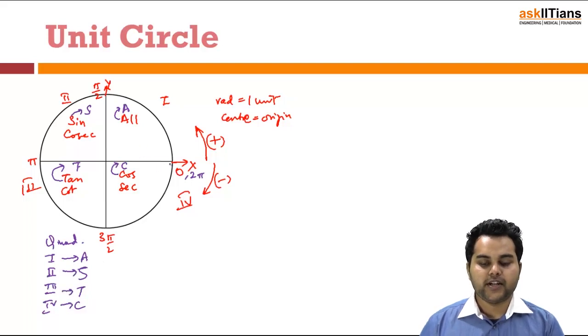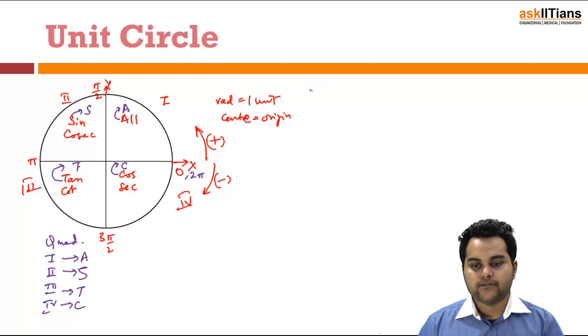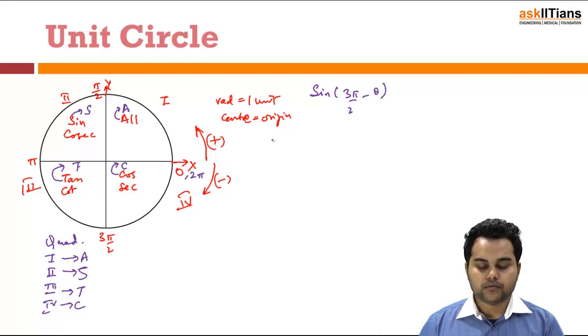Now what does positive and negative mean? Let's say I have sine of 3 pi by 2 minus theta. Then 3 pi by 2 is this, so I'll move in anti-clockwise direction, 3 pi by 2 positive, and then minus theta, so that will be clockwise, negative, and here the angle would lie.